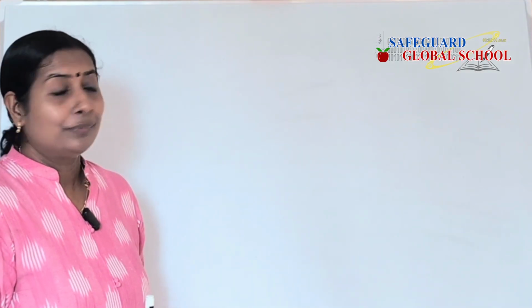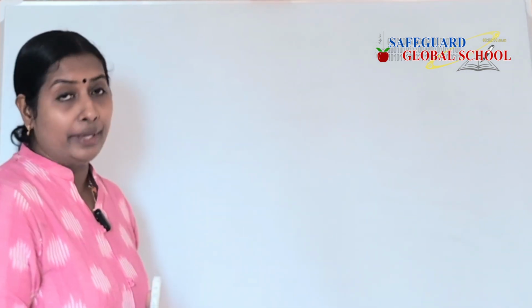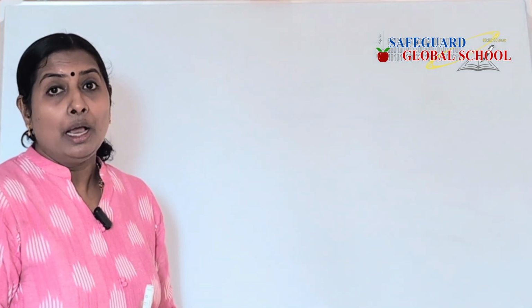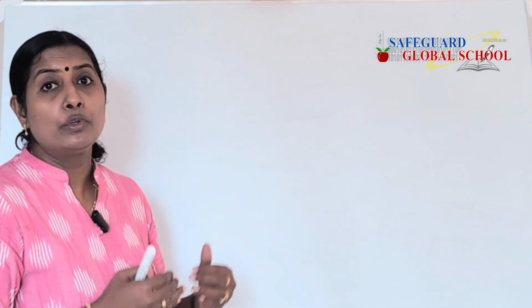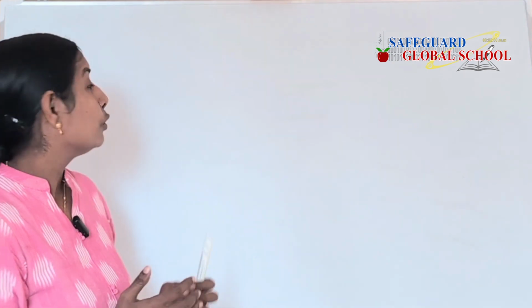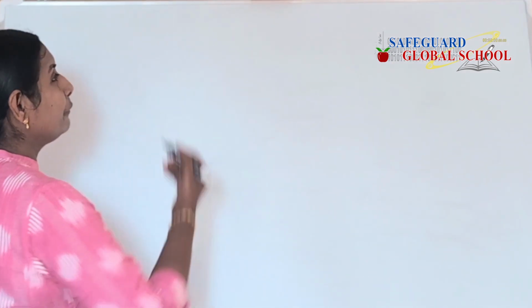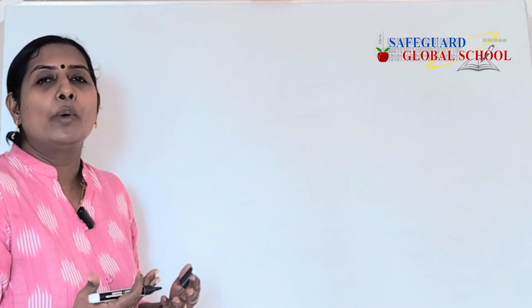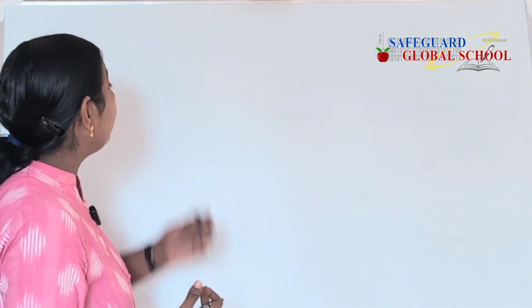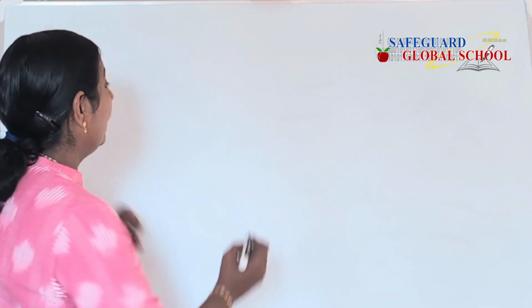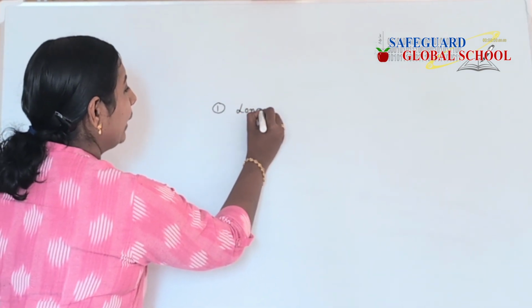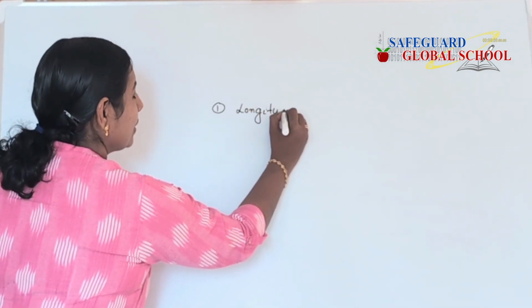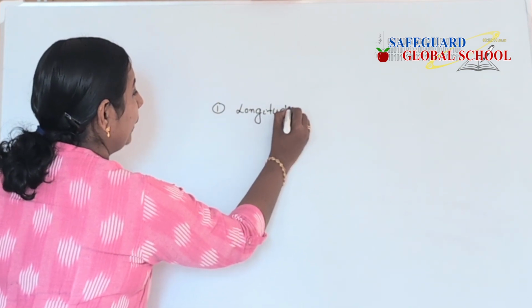Hello everyone. Next, we pass on to the types of waves based on how the particles of the medium vibrate when a wave is passing through a medium. So, the types of waves depending upon the particle vibration in a medium can be categorized into two. The first category is called a longitudinal wave.